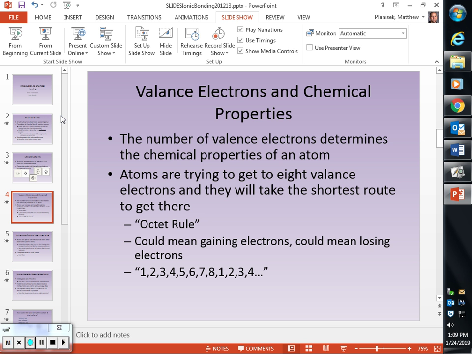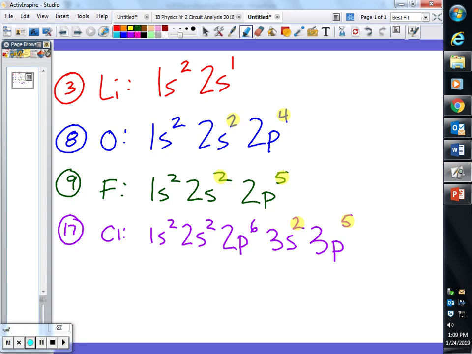For example, all right, let's go back here. So let's take a look at fluorine because it's the easiest one. Okay? We've already established how many valence electrons does fluorine have? 7 valence electrons. How many does it need to get to 8? 1, right?